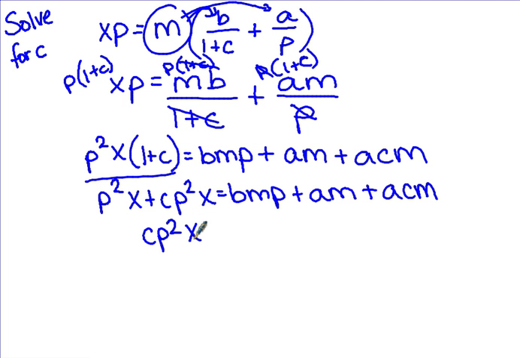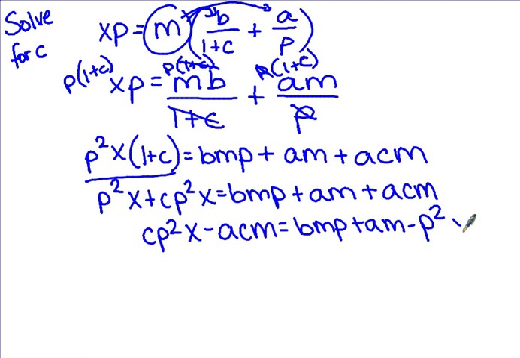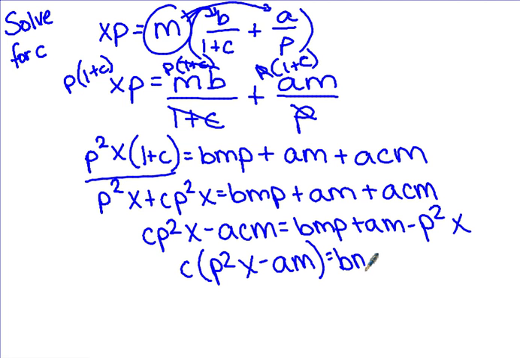So I'm going to subtract acm and I'm going to subtract p squared x. So I have all the c's on one side. I can factor that c out, and I'm left with c times p squared x minus am equals bmp plus am minus p squared x.